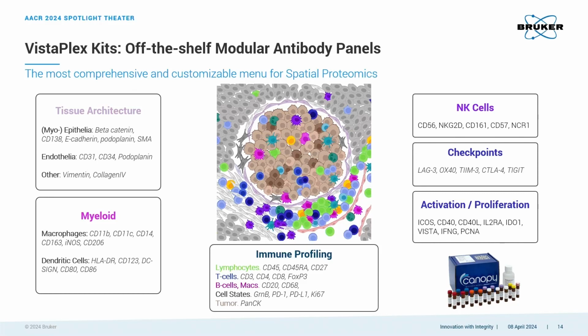Then looking at the tissue architecture, and then pinning down individual cell types, like myeloid cells or NK cells. These are all bite-sized modules. They're not really large panels. You're committing to, say, a dozen or 15 antibodies at once. You can mix and match these modules, and you can ask your way through the tissue as you see fit.